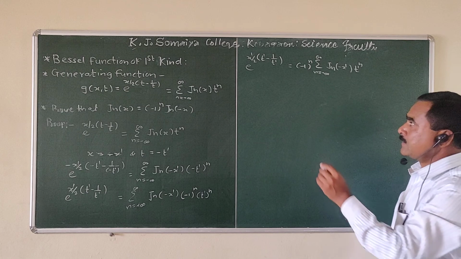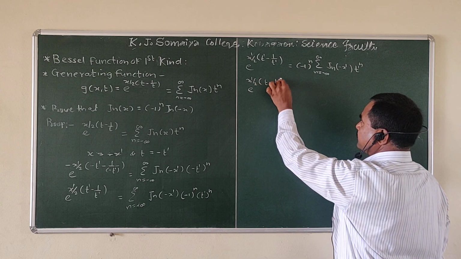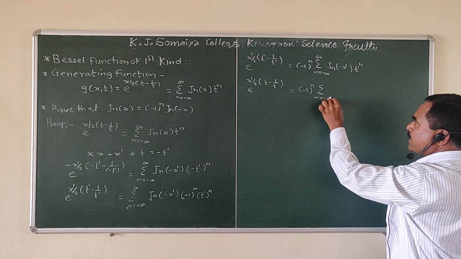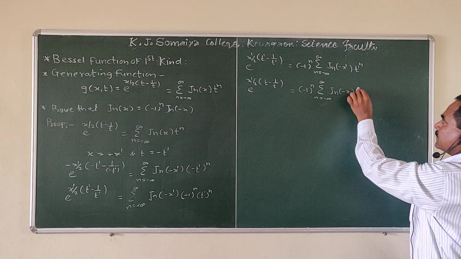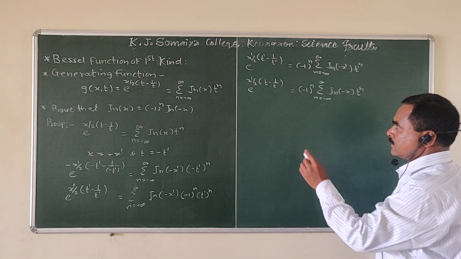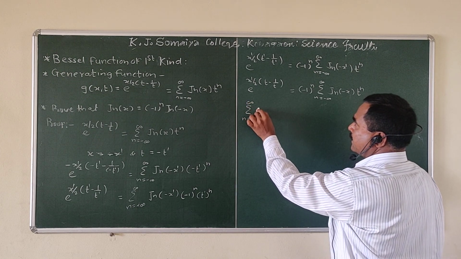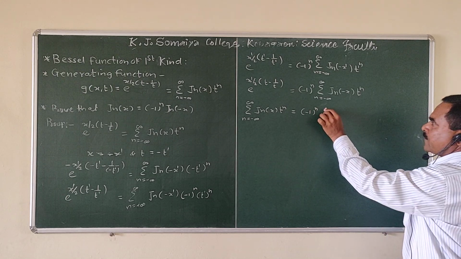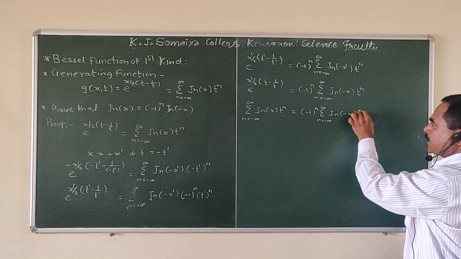So the replacement gives e^{(x/2)(t - 1/t)} = summation n from minus infinity to plus infinity (-1)^n J_n(-x) t^n. In the next step we substitute the left hand side as the power series: summation n from minus infinity to plus infinity J_n(x) t^n = summation n from minus infinity to plus infinity (-1)^n J_n(-x) t^n.